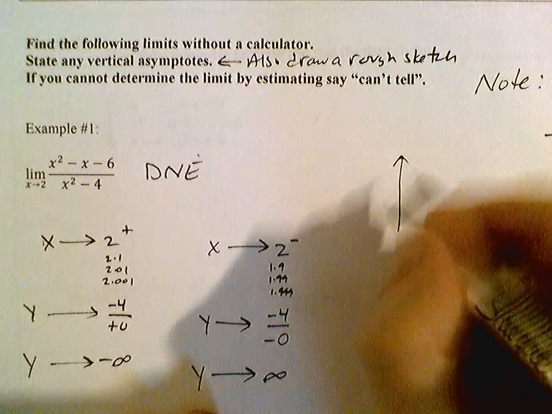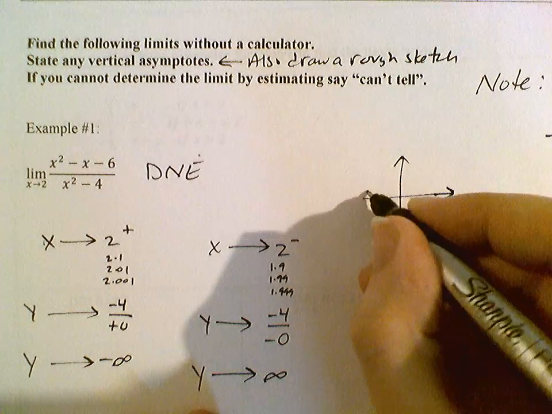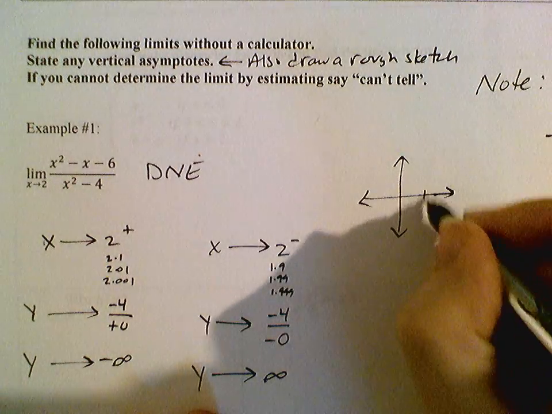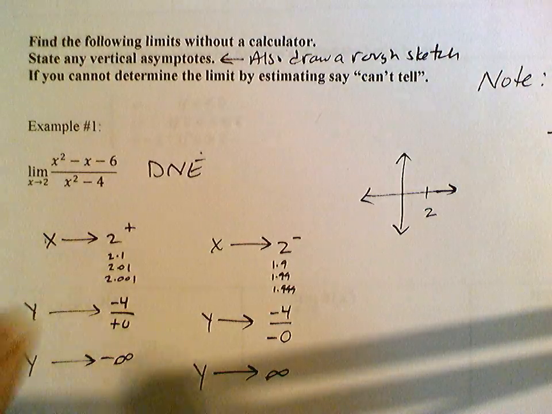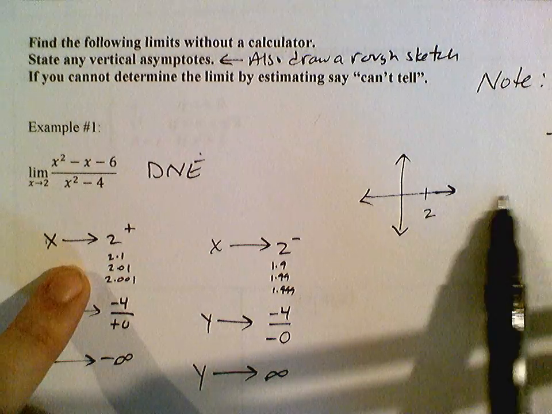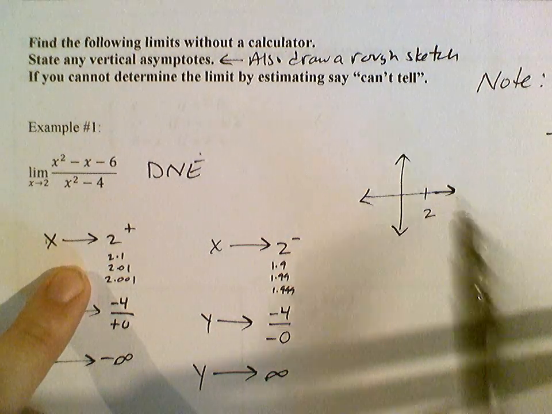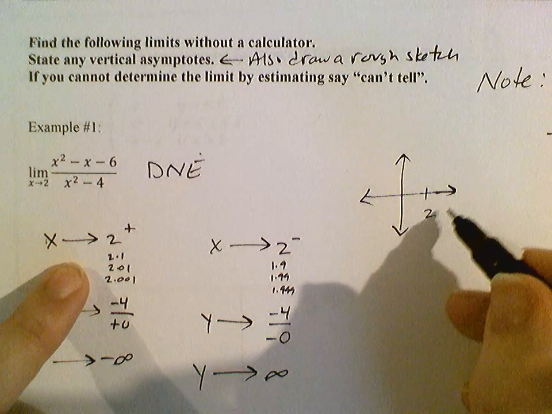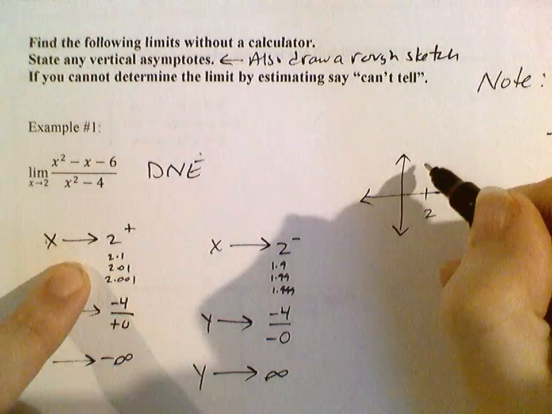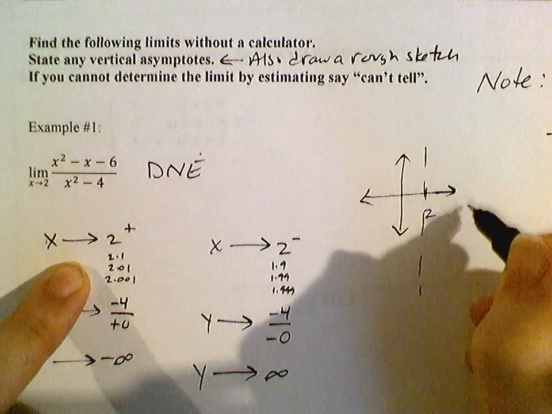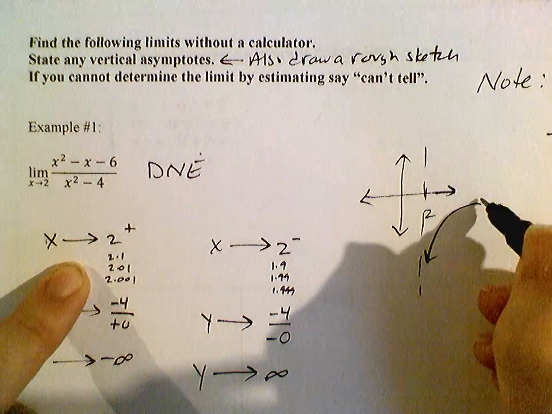So here is going to be my rough sketch. All right, there's the x value 2. As my x values are approaching 2 from the right, the y values are shooting way down to negative infinity. So I'm going to have an asymptote like that.